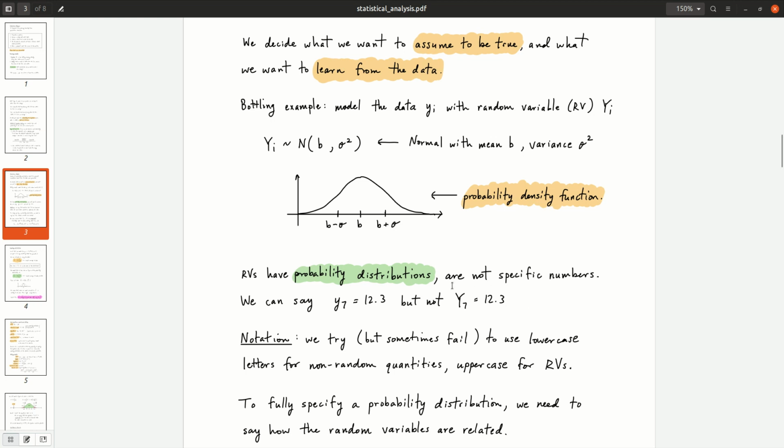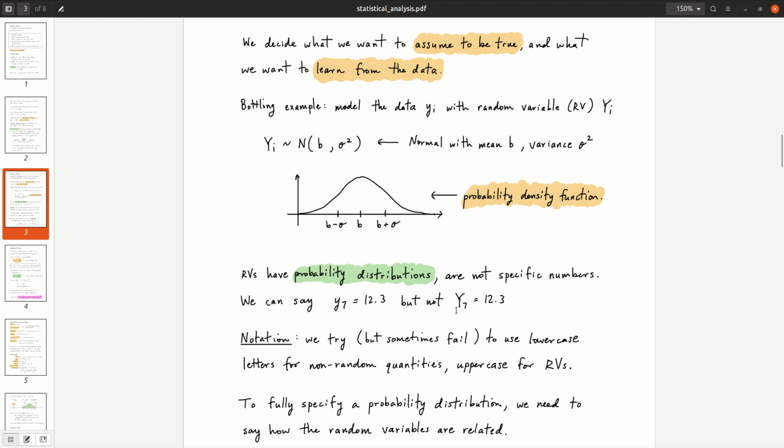Now there are caveats to this. If you study conditional probability distributions, you sometimes do make statements like this. But when I write a random variable, what I want you to think about is that we're not saying what the number is, we're saying what its probability density is.